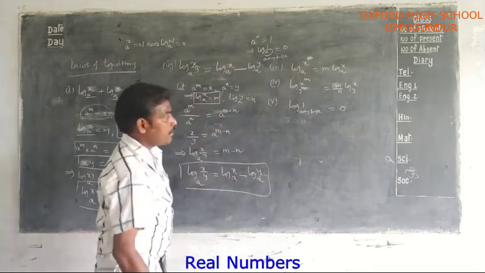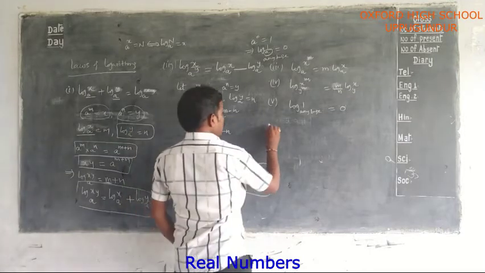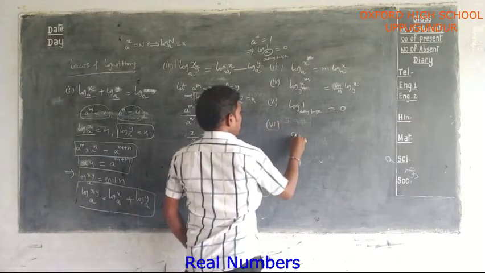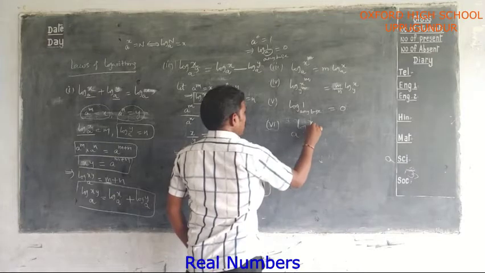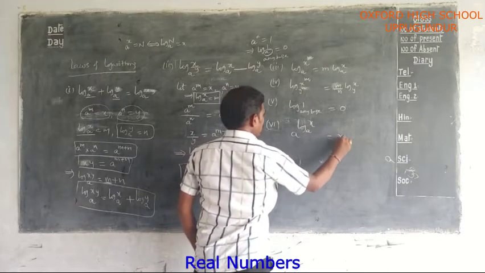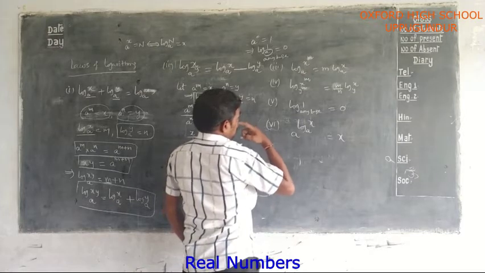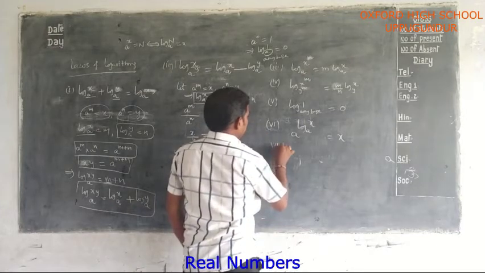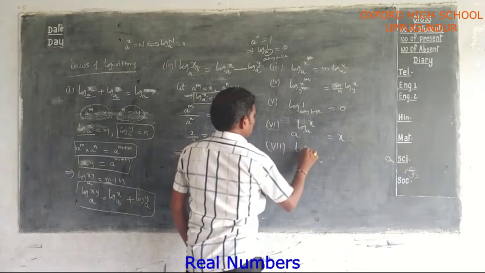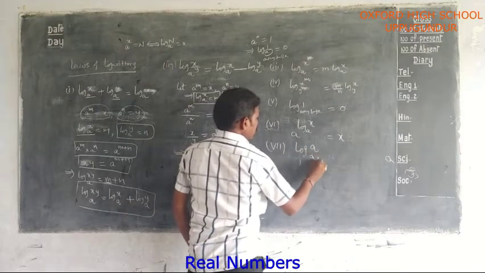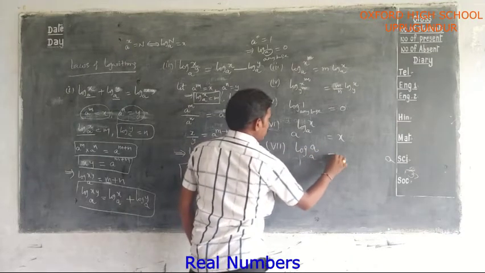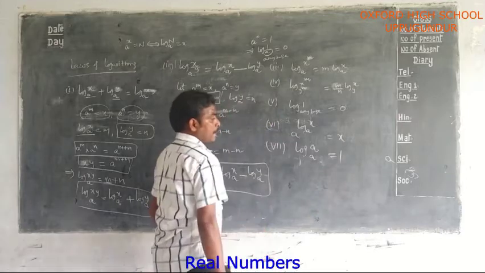Log 1 to any base equal to 0. Next, a power log x to the base a equal to x. Next, seventh one, log a to base a, same base, log a to the base a equal to 1.